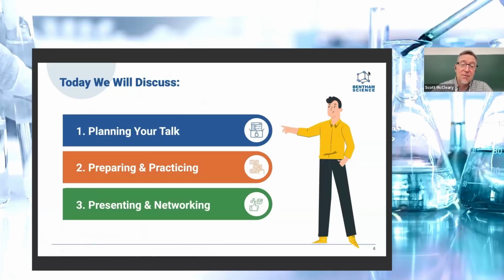And then finally, we're going to talk about the act of giving the talk and some tips and tricks for giving an effective talk, and also a little bit of networking, how you can make the most of your talks at conferences and make new connections for mentors, for peer reviewers, and to find collaborators for your research.